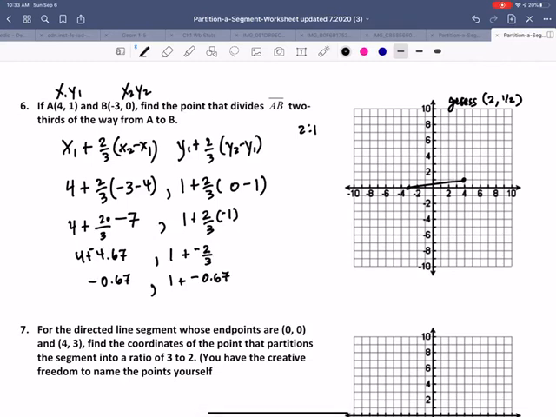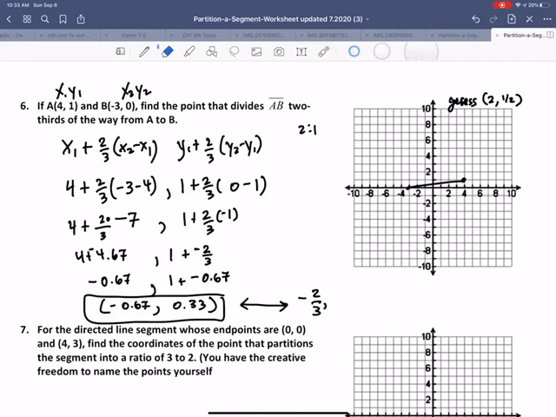Okay, so that is 0.33. So that's my coordinate. So if you're more comfortable showing this as a fraction, that's negative 2/3, and that's 1/3.